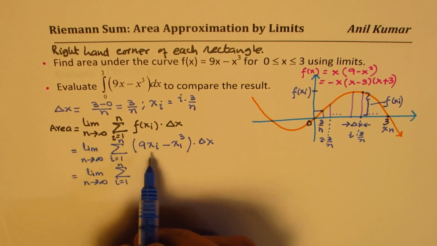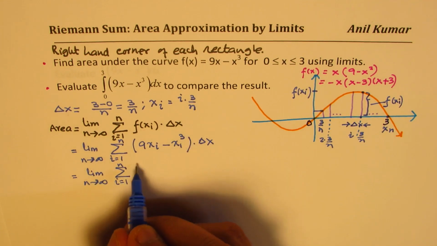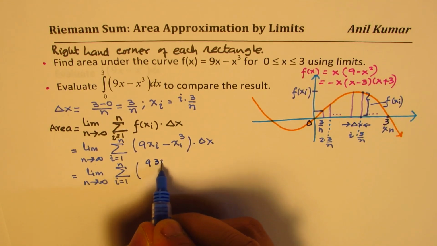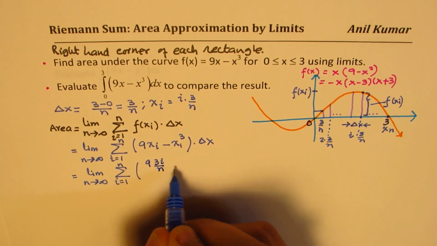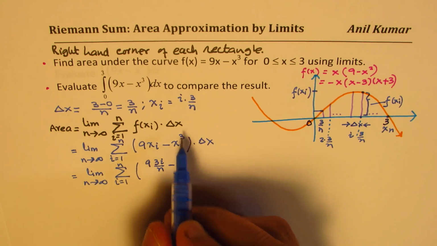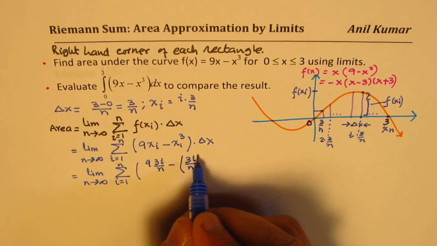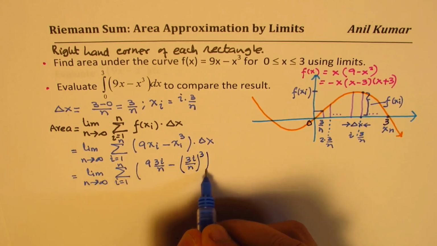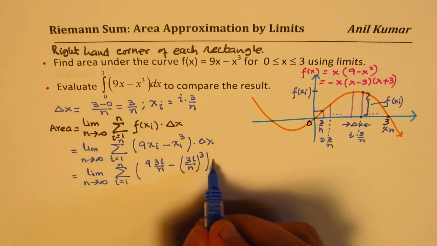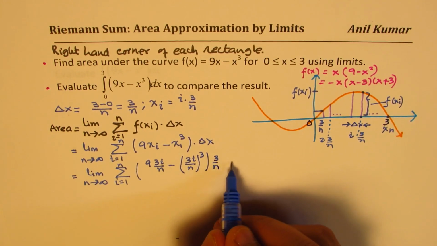So xi is 3i over n, so we get here 9 times 3i over n minus 3i over n whole cube, everything times delta x. Delta x is 3 over n. Okay, so that's what you get.